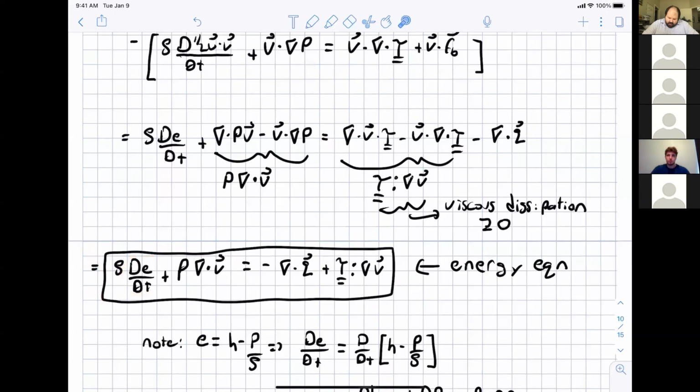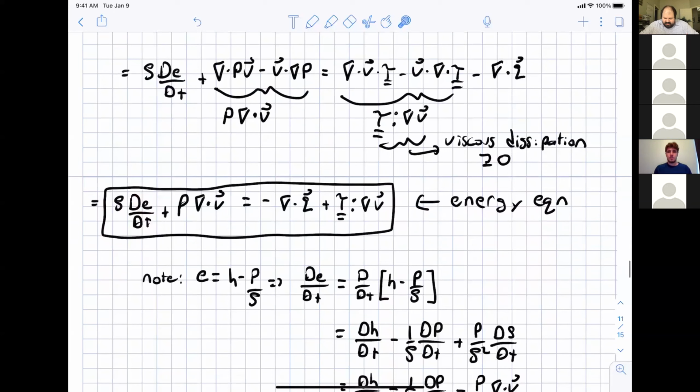But if they are working with this form, look for the P times the divergence of the velocity vector. That will clue you in that basically this is the internal energy, not the total energy. Okay, so this would be another form of the energy equation. Again, perfectly valid in smooth flows.